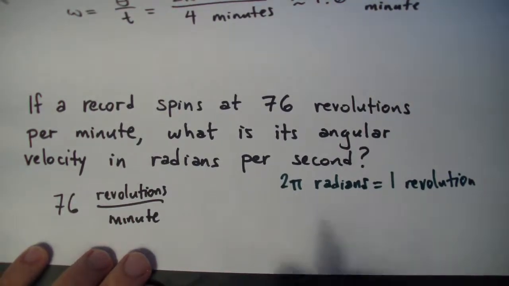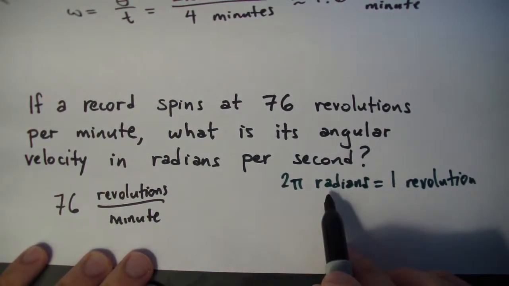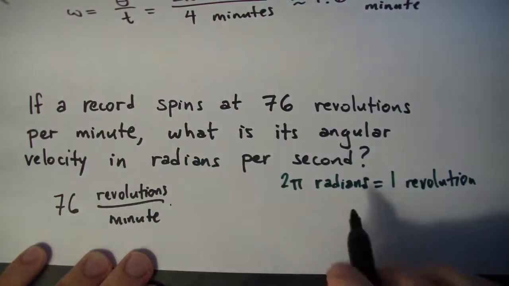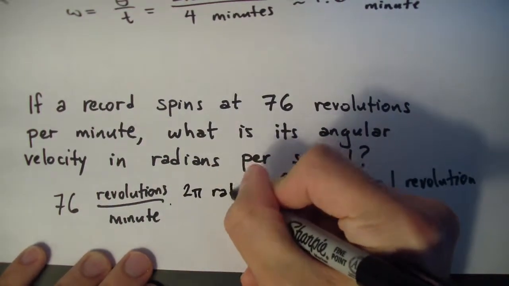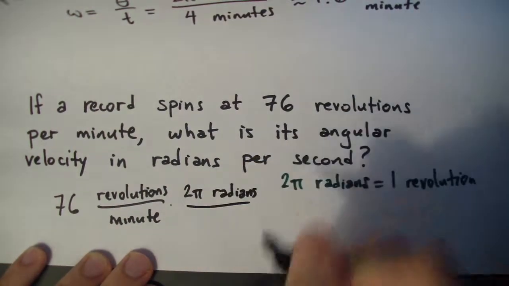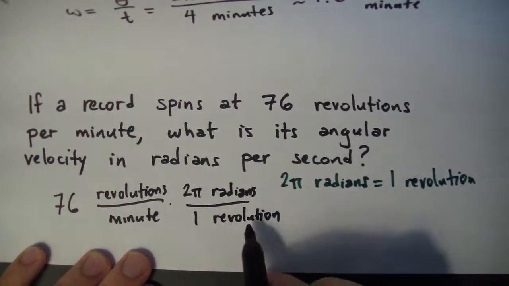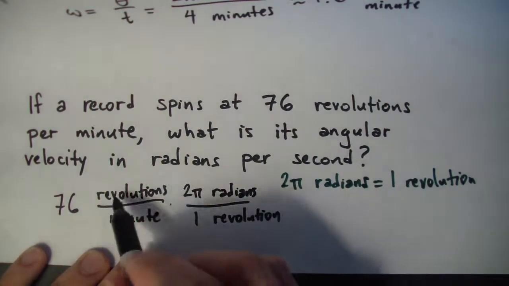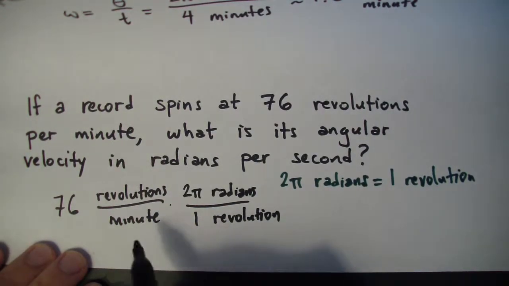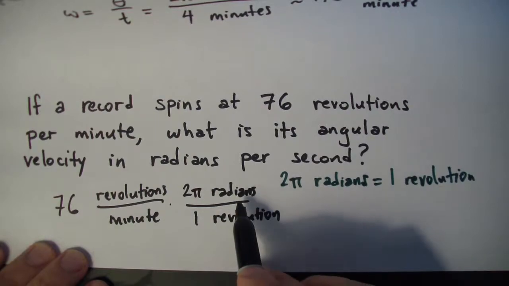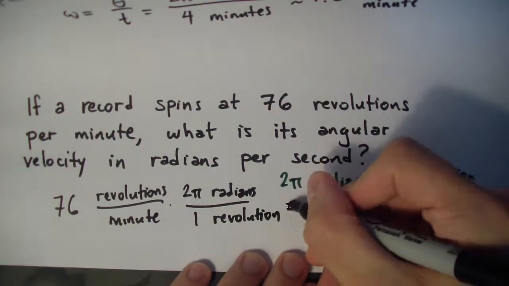Because we want to know the number of radians, we'll put in 2 pi radians divided by 1 revolution. We put the revolution in the denominator so that it will cancel with revolutions in the numerator and leave us with radians per minute. But remember, we were asked for radians per second, so we need to do one more conversion.